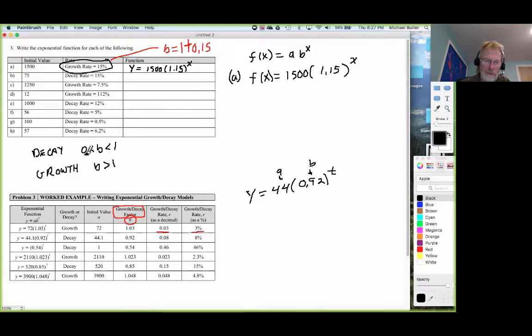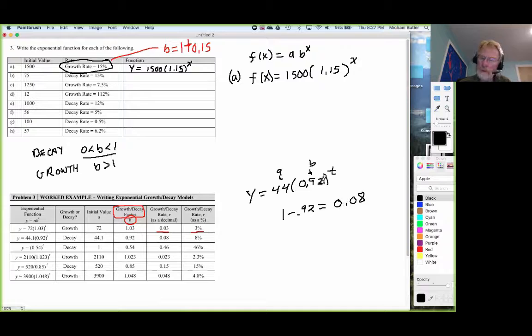Remember, with the decay one, the base is between 0 and 1, it's less than 1. Well, how much less than 1 is it? 1 minus 0.92 is going to get you 0.08. So that's your decay rate.